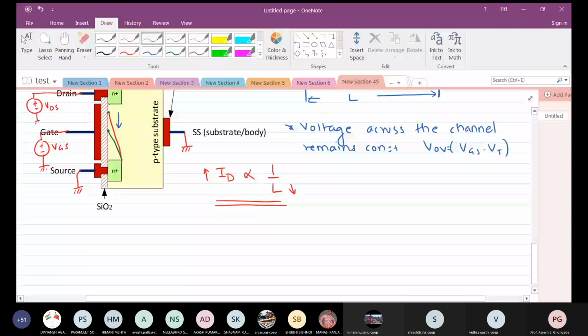So now we have to refine our equation. We will write the equation to incorporate this effect as ID equals half K dash W by L into (VGS minus VT) squared, and I am additionally having one term to incorporate this effect, which I introduce as (1 plus lambda VDS). This lambda is a device parameter.